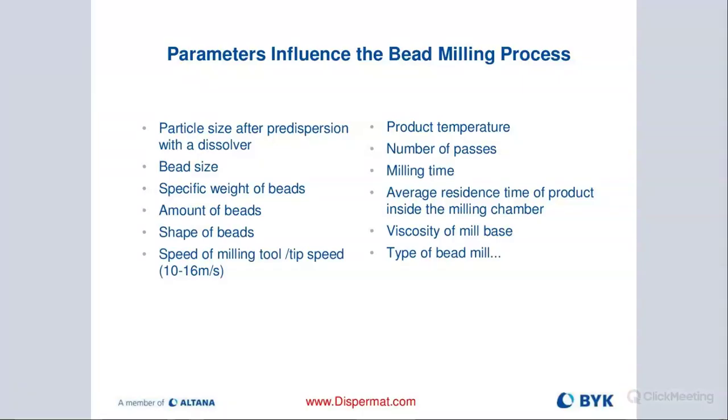Start out with about 1 to 1.2 millimeters, and then work your way down until you get to the right particle size. And if you want to go smaller and you're not seeing any more particle size reduction, then maybe it's a good time to reduce the size of your beads. Of course, then you would also change the screen out, use a smaller screen or a smaller dynamic gap, like on the horizontal mills that we offer.